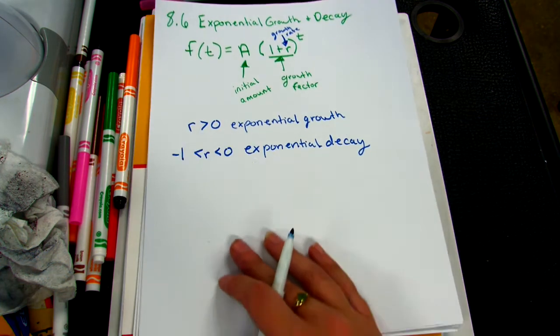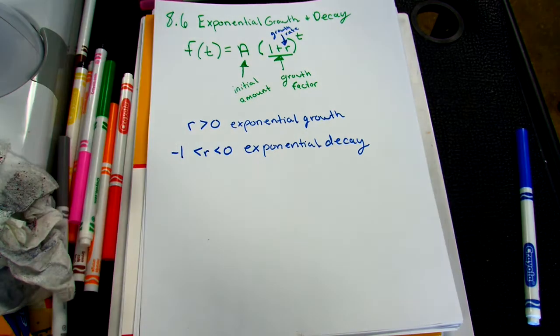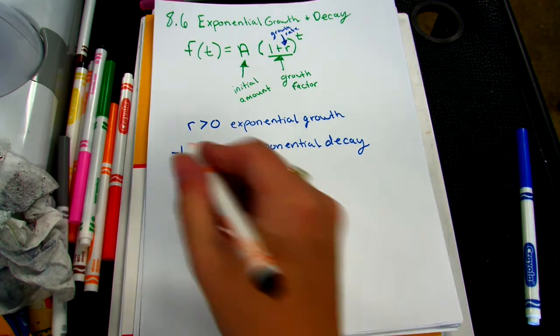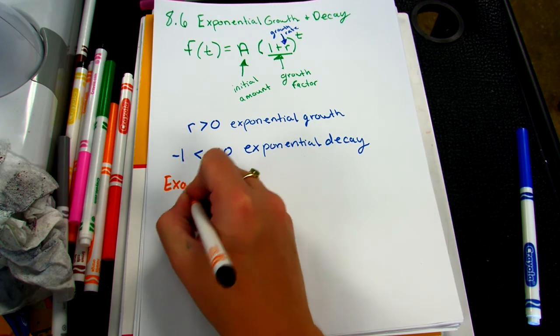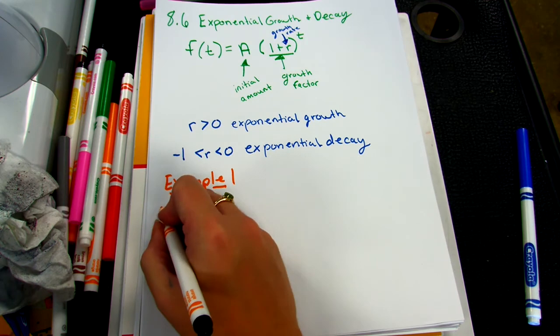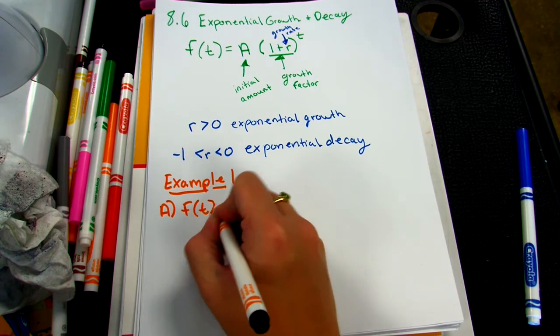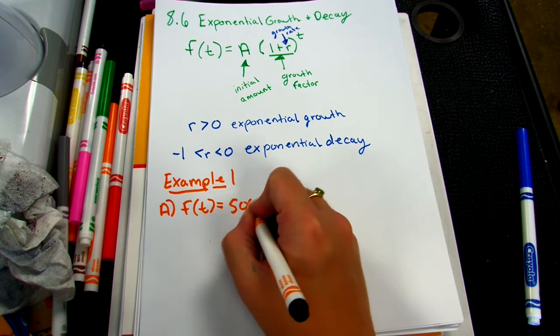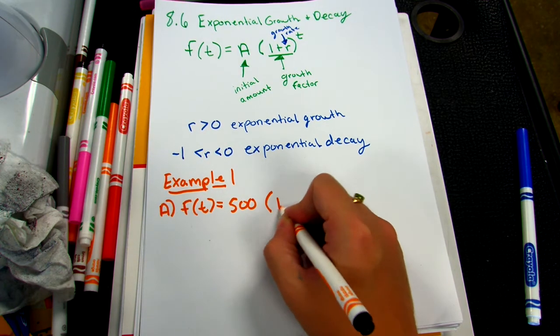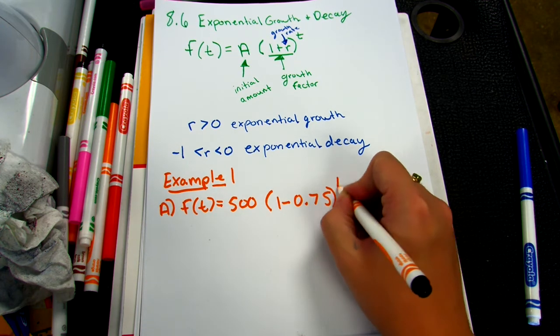We're going to do example 1. We're going to start with example 1, part A, which is f of t is equal to 500 times 1 minus 0.75 to the t power.